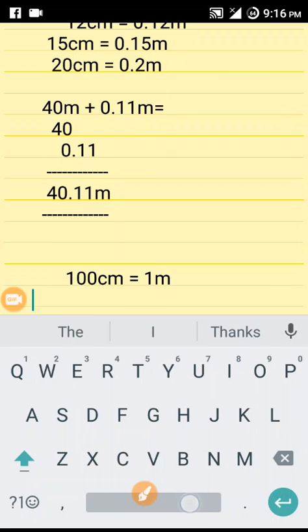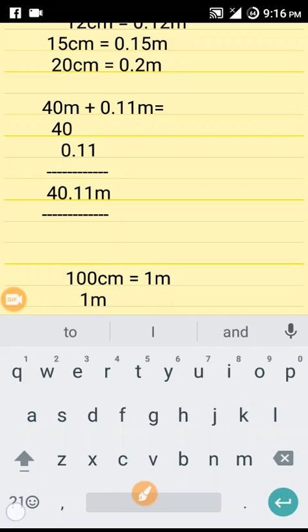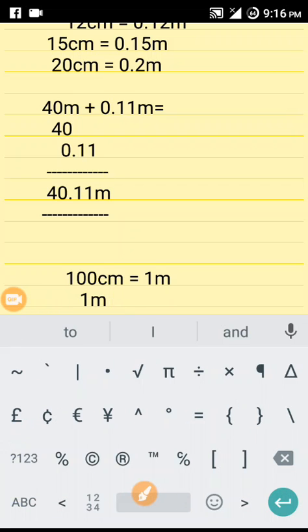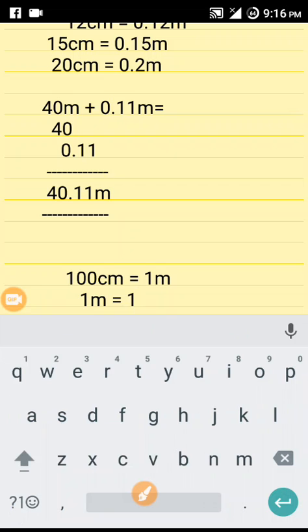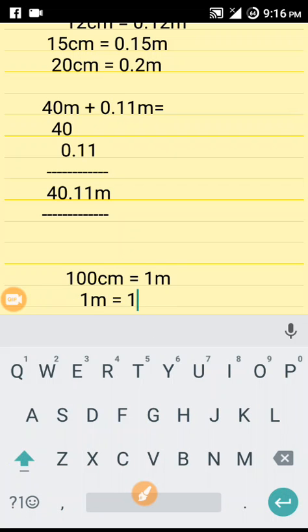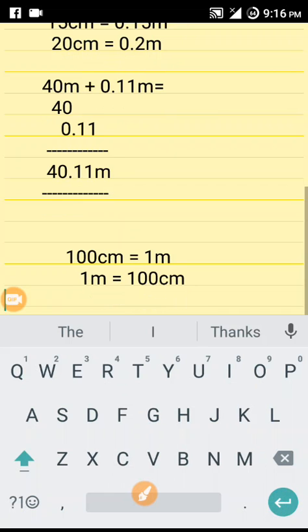You can also say that 1 meter equals 100 centimeters.